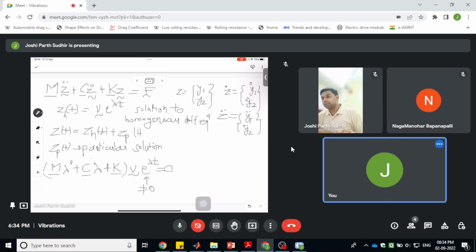So this equation will have a non-trivial solution when the determinant is 0.